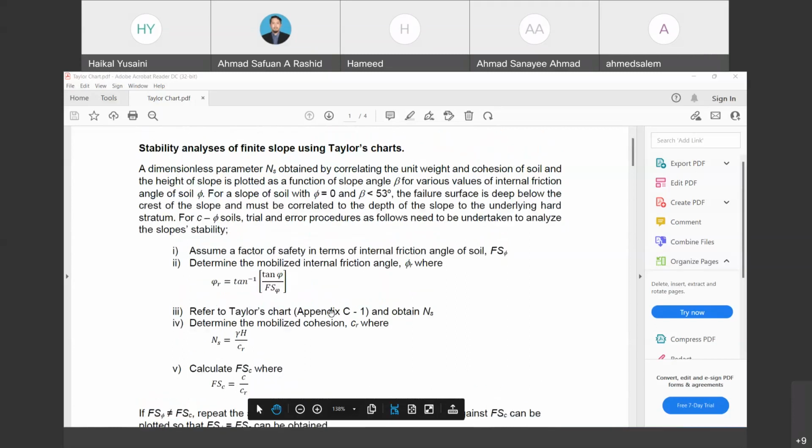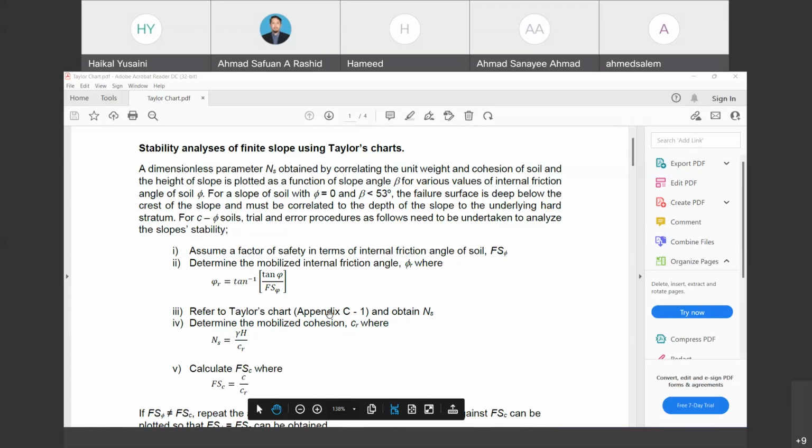When we want to use this Taylor chart, based on Dr. Kamarudin's book, first, assume the factor of safety in terms of internal friction angle of the soil, which is Fs phi. Then determine the mobilized internal friction angle, phi r, where phi r is equal to the inverse tangent of tangent phi over Fs phi.